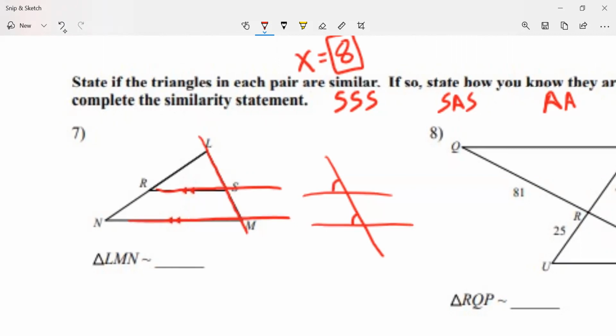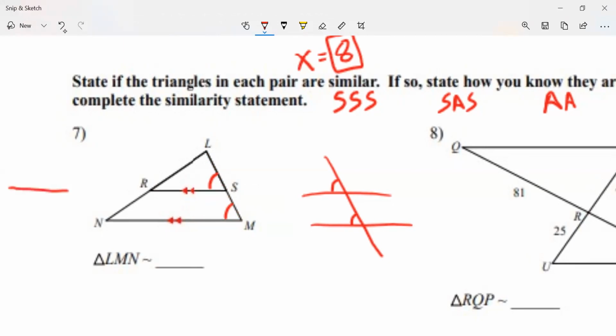And based on the rule of corresponding, I can say this angle is equal to this angle. I don't know exactly how big they are, but I know those two angles are equal. Okay, let me clear this up. So I marked those two angles. Like I said, those that I marked, I'm going to say they're equal. I still remember the corresponding rule, but now I'm going to see it this way.